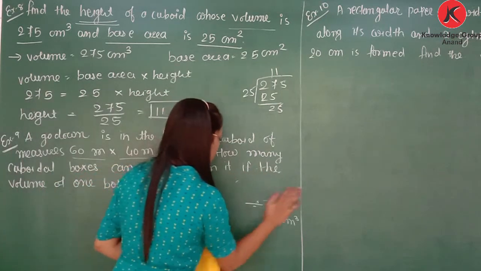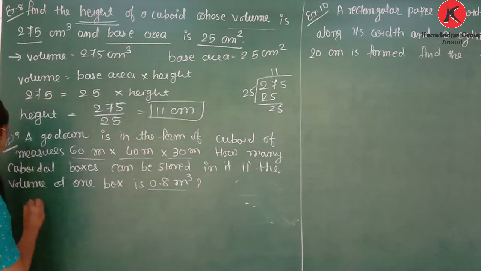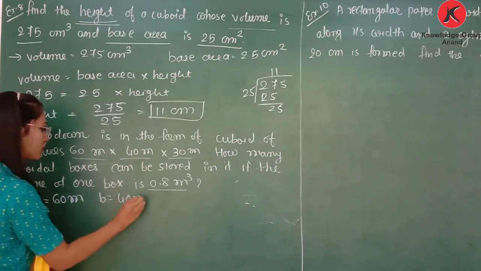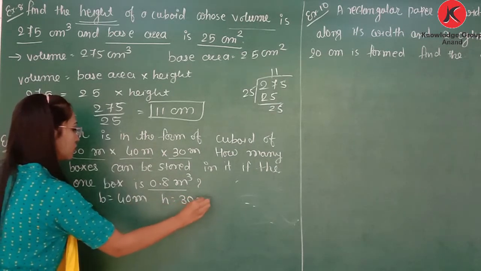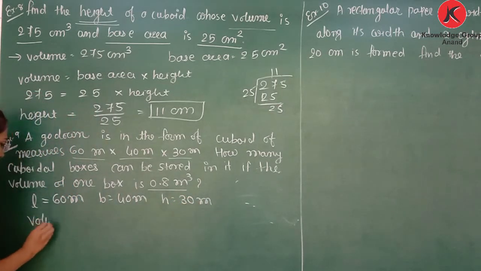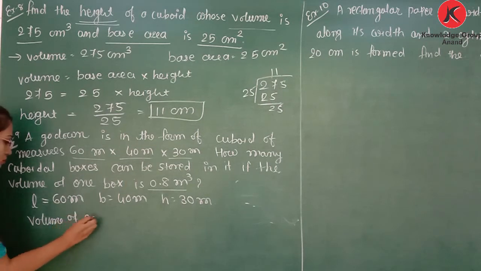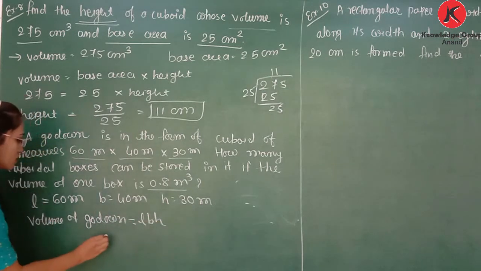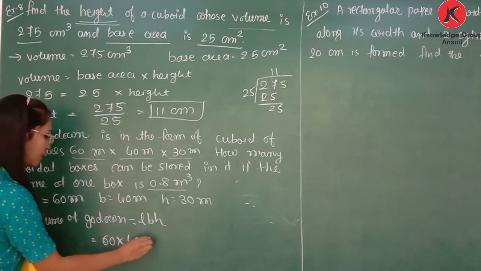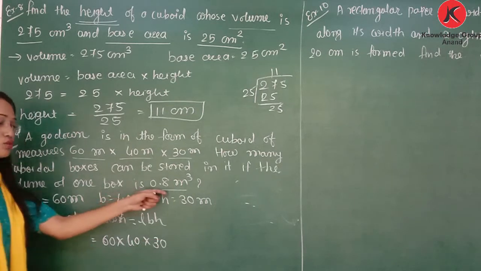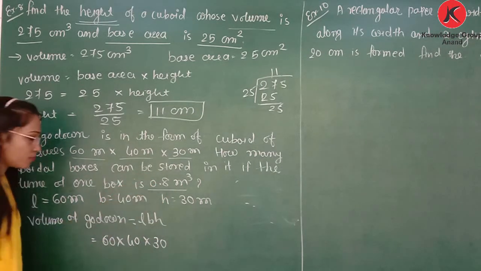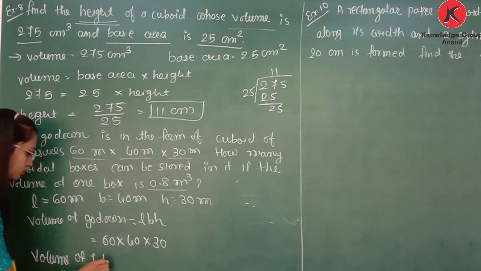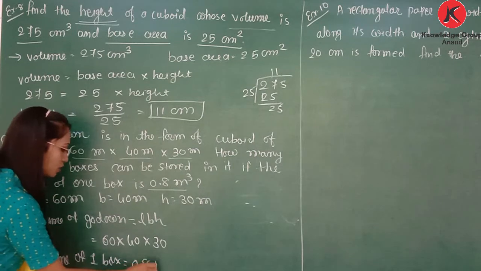So here let's find the volume of the godown. Here length is equal to 60 meter, breadth is 40 meter and height is 30 meter. So volume of the godown, that is LBH, so it is 60 multiply 40 multiply 30. We leave it up to this because we need to only cancel out the common factor. Volume of one box is 0.8 meter cube.